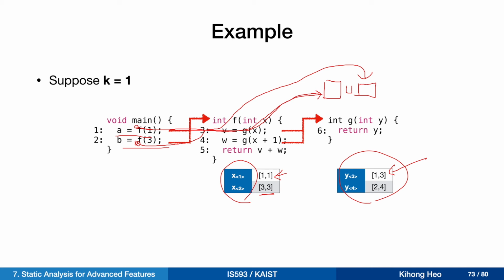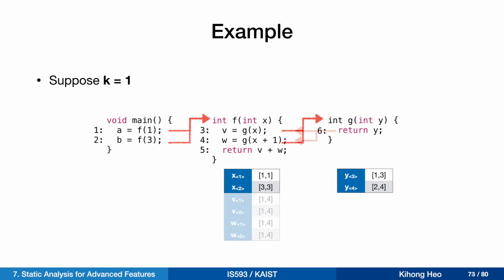In the same way, the two abstract values for y when the last call site is 4, this one, are also merged together. So it will result in interval 2 to 4. Because of this abstraction, the return values are also collapsed.